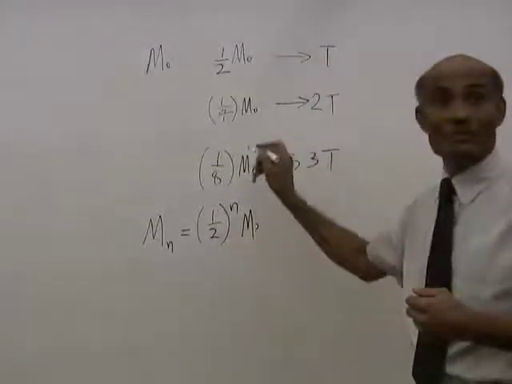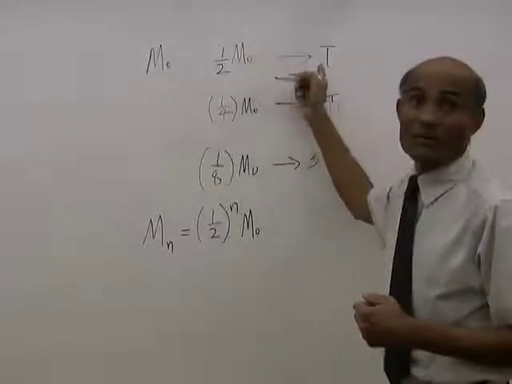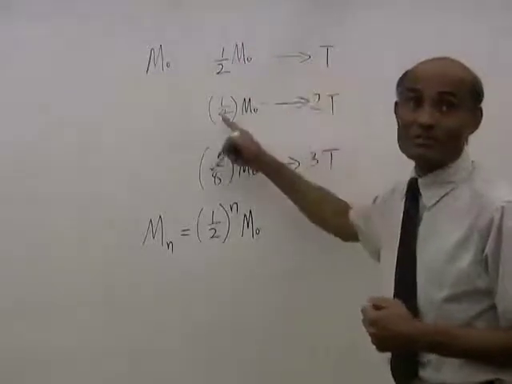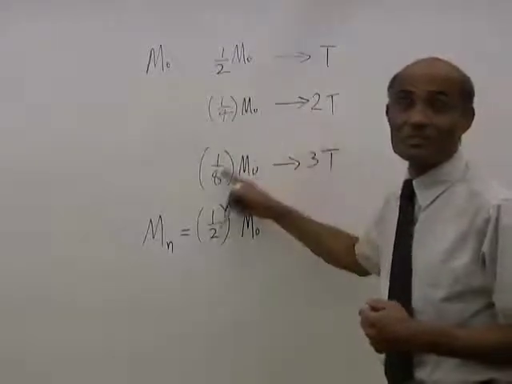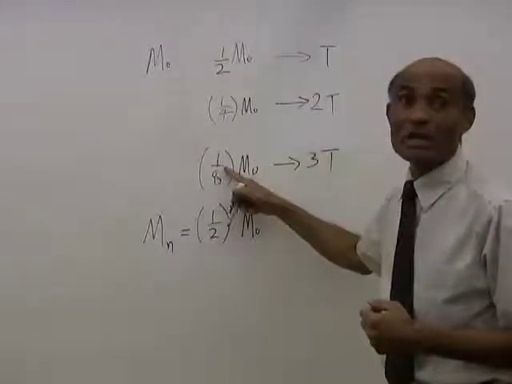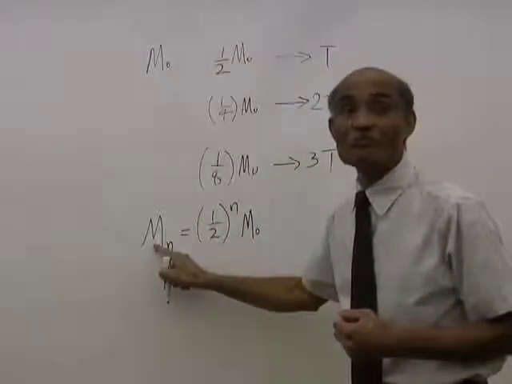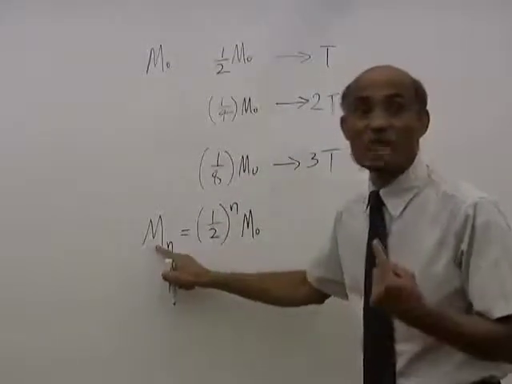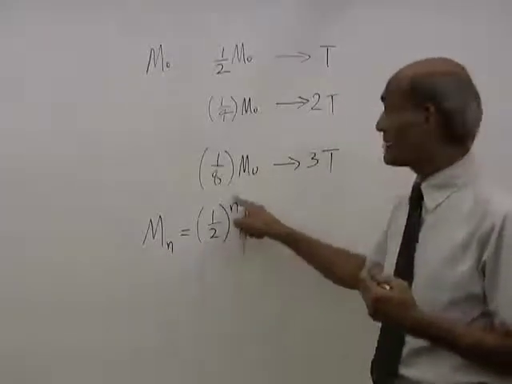Is that right? If you look here, this is 1/2 to the power of 1 after 1 half-life. This is 1/2 to the power of 2 after 2 half-lives. This is 1/2 to the power of 3 after 3 half-lives.